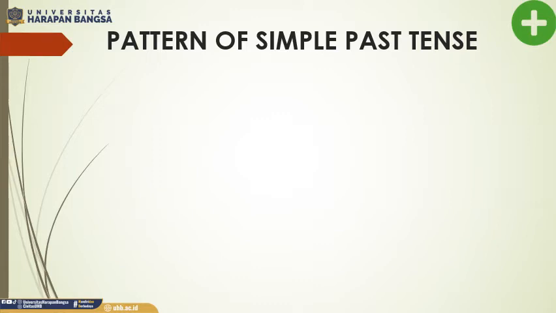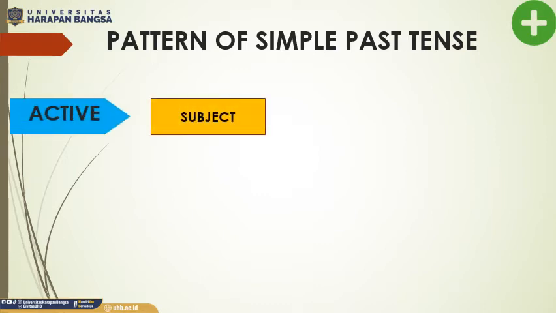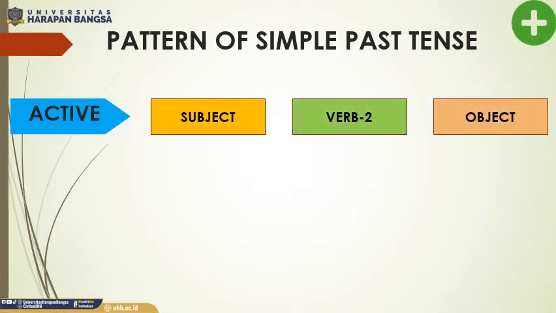You learn the pattern of simple past tense in positive and negative. First, in positive sentences. For active, we use subject, verb 2, and object.